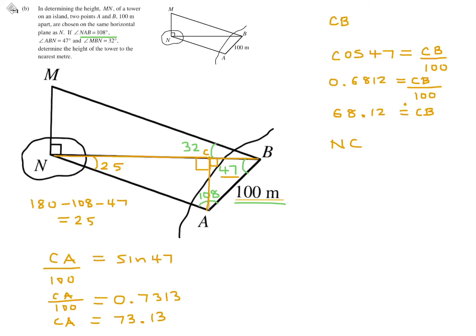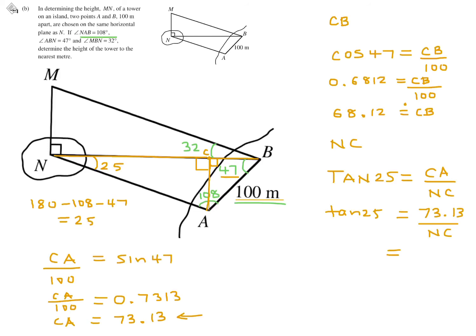Now we can approach NC. I will get NC with the tangent. The tan of 25 is opposite, which would be CA, over adjacent, which in this case is NC. CA we figured out right here, 73.13, and NC is what we're trying to figure out.